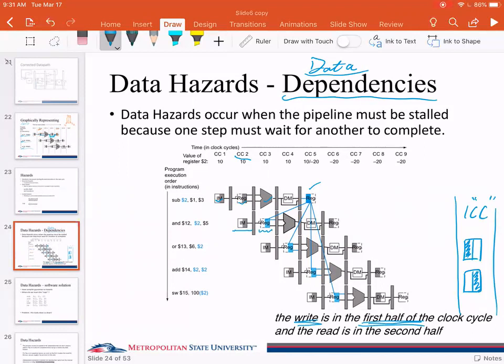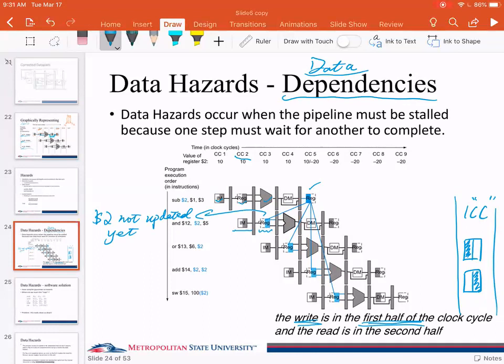I assume $2 is there if I want to do this. However, $2 is of course not updated yet. So that is a big problem, and if you just stack them like this, you of course will cause problems.